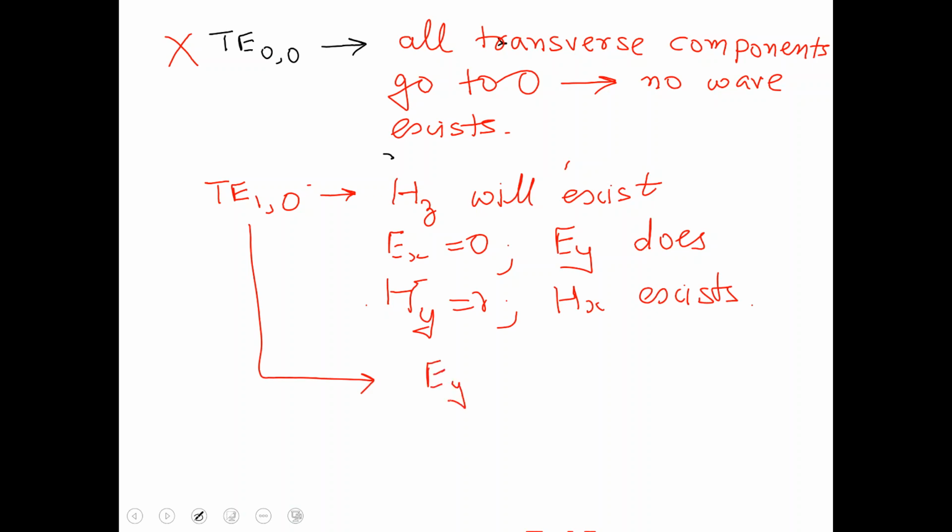You have Ey, Hx, and Hz. Similarly, TE01, you'll have, instead of Ey, you'll have Ex pointing in x direction, Hy, and Hz.